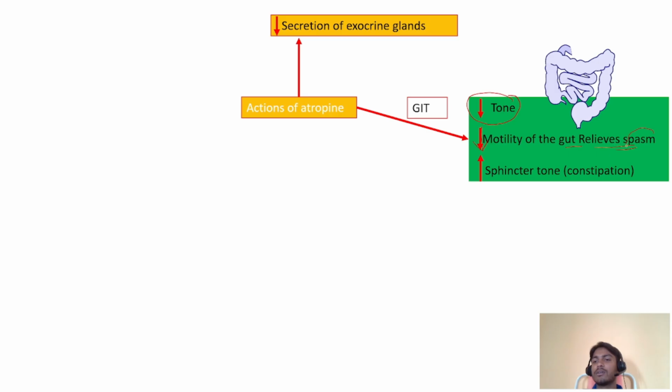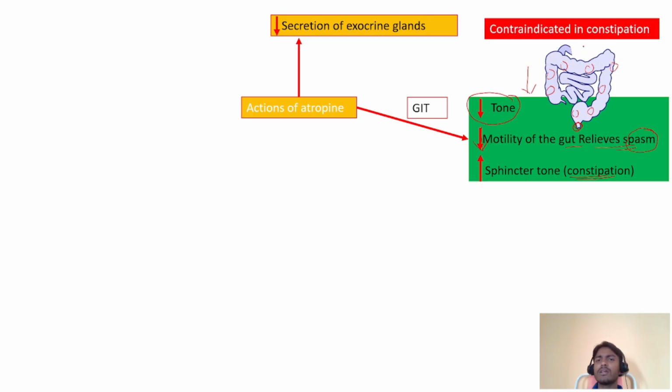Next, it increases sphincter tone, hence constipation will be there. The food can get stuck here because of decreased movement of the intestine. So antimuscarinic drugs should be contraindicated in case of constipation.